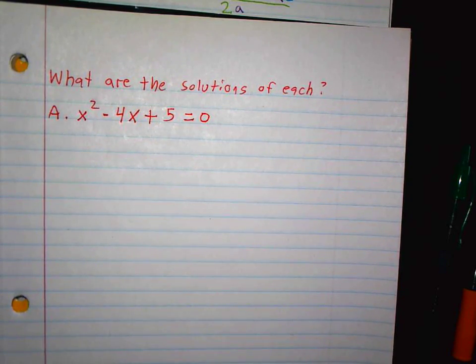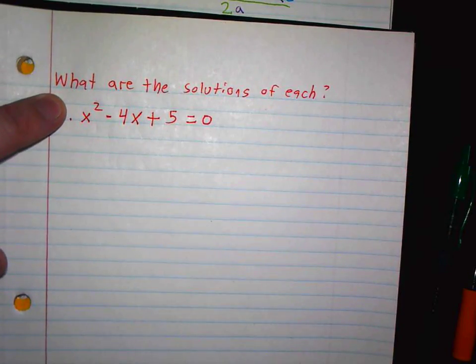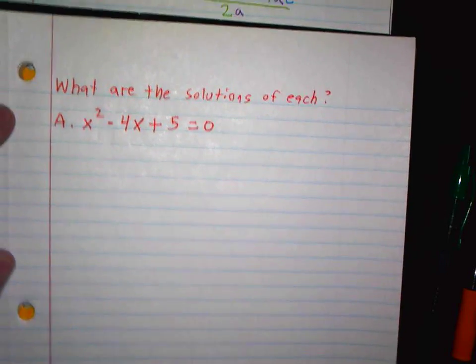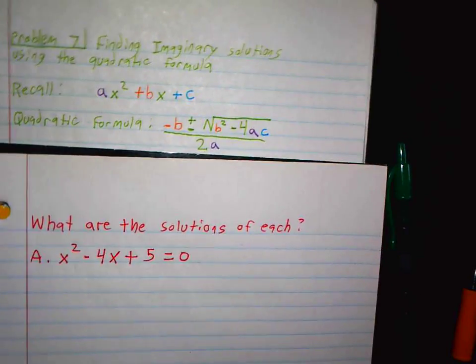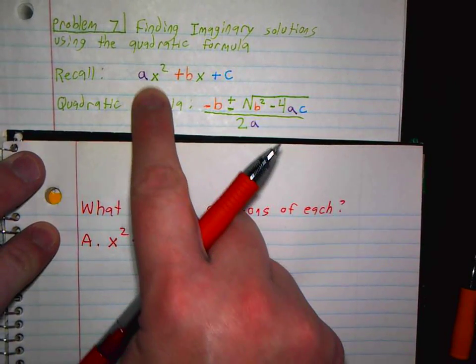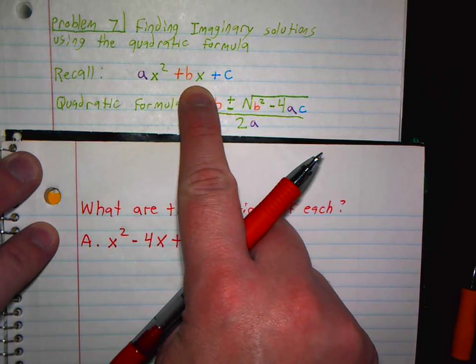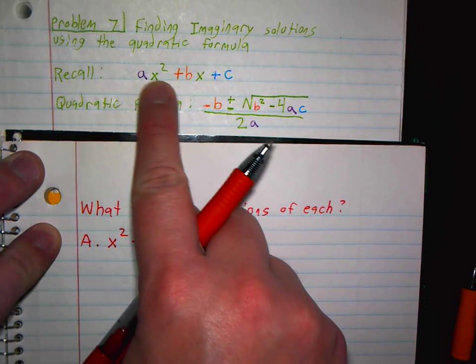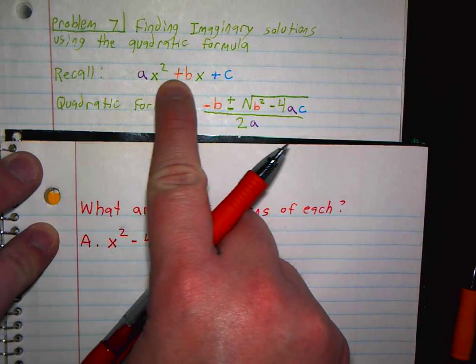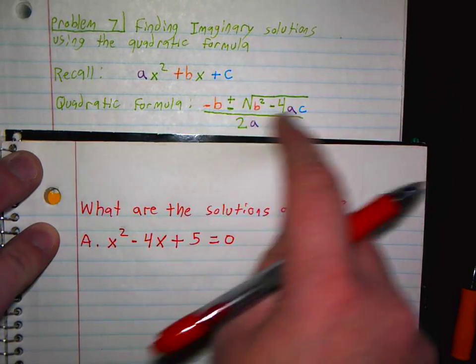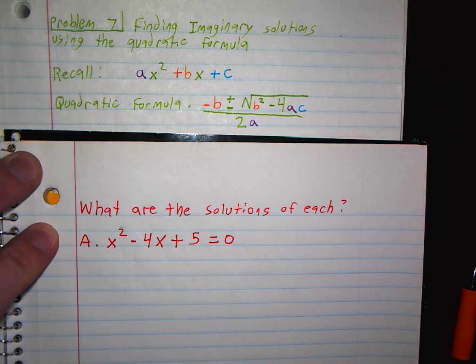I don't know how to factor this using imaginary numbers. I'm sure there's a way. I never learned that way. Okay? What I could do is use the quadratic formula. And the quadratic formula says if you have a quadratic in standard form, ax squared plus bx plus c, and you take the a, b, and c, and you plug it into this formula, it'll spit out the solutions every single time.